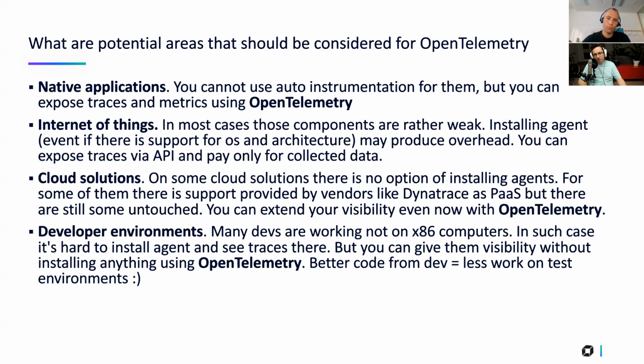Internet of Things is a great example. For example, ATMs. The banks, in most cases, have plenty of them. Those machines are not really powerful. Obviously, you can install an agent there, but this agent can produce some overhead because of lack of resources, because they are really old machines.